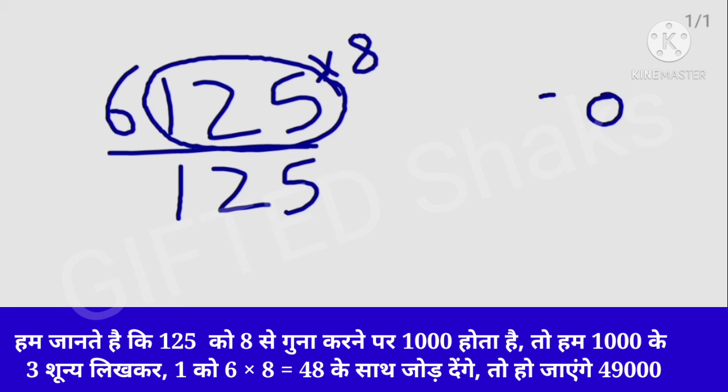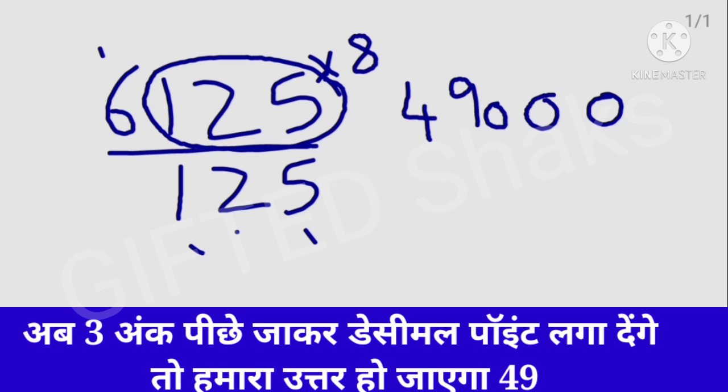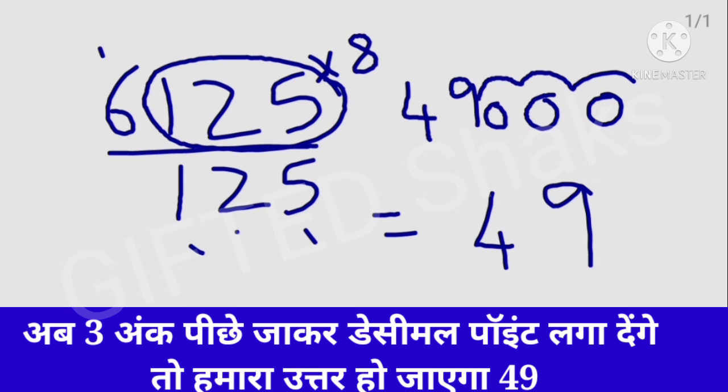So I put 3 zeros of 1000 here, and I carry 1, and 8 sixes are 48 plus that 1 is 49. So that's how you can make it short. Since there are 3 digits, my decimal comes back 1, 2, 3. Now my number is 49. I hope I'm clear with this concept.